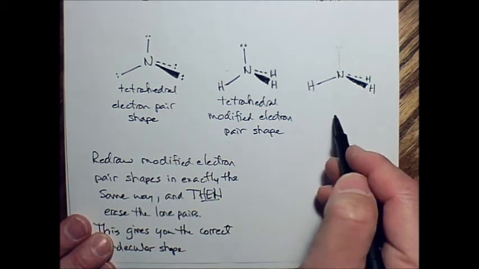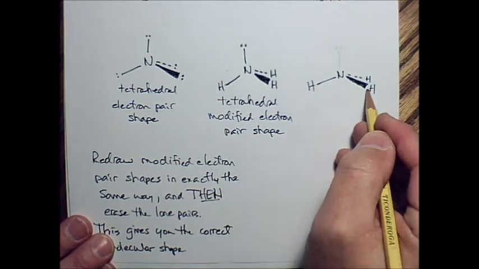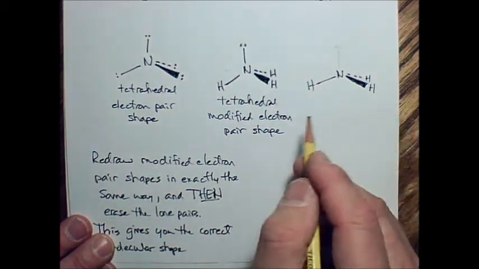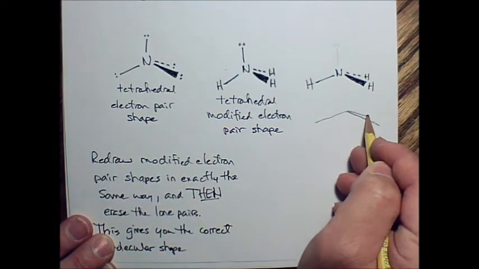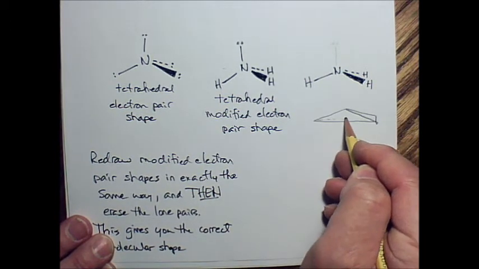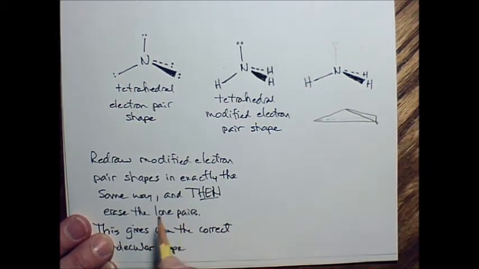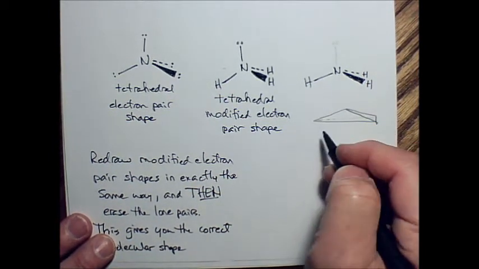If I connected the dots around here, to put all the hydrogens aligned, we'd have a really shallow pyramid shape. It's a 3-sided pyramid. We can't call it pyramid because most pyramids have 4 sides, but we can call it trigonal pyramidal for 3 sides. Trigonal pyramidal.